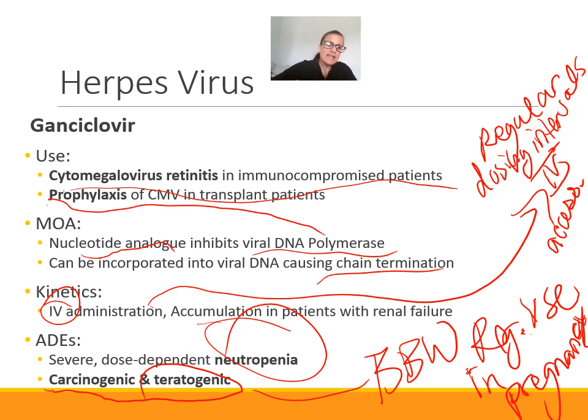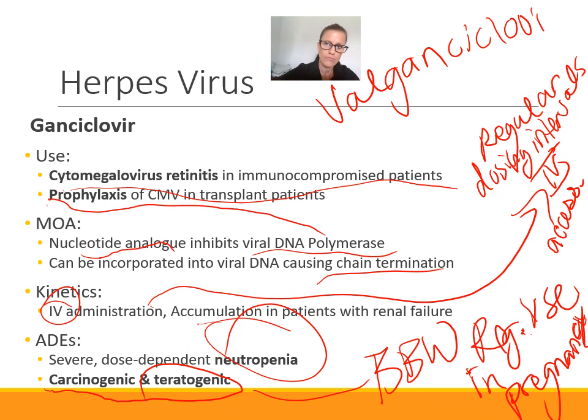Now, Ganciclovir is like the original. This has to be given IV, but there is another formulation, Valganciclovir. And Valganciclovir is just the Val ester. It's just another formulation. We've added a few functional groups to the Ganciclovir.